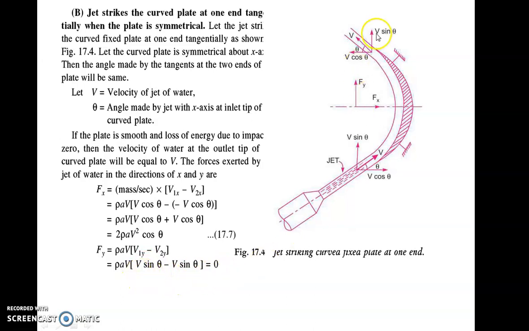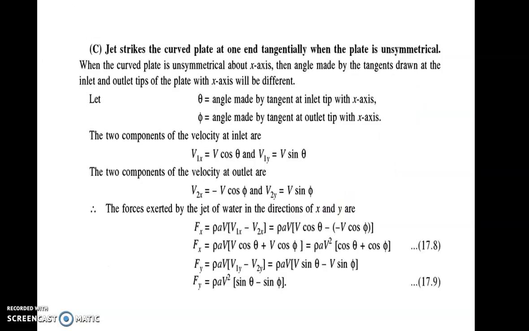V sin theta is not acting in downward direction, it is also acting in upward direction. So both are acting in same direction, that's why they will cancel, and this Fy will also be 0 as it was in the previous case. So for both the cases, Fy is 0. Most of the cases we are interested in Fx only for moving the vane in x direction. So many times you are not asked to calculate Fy, you have to calculate Fx.